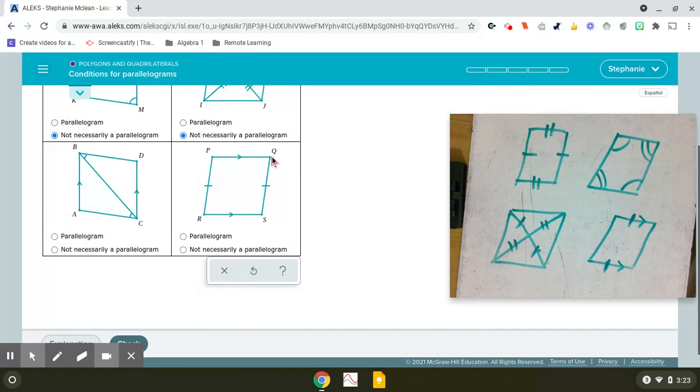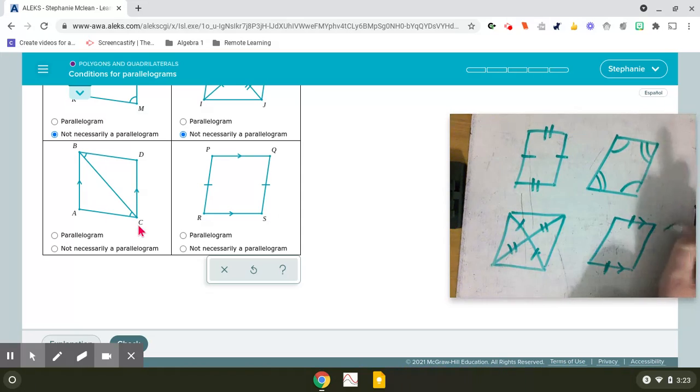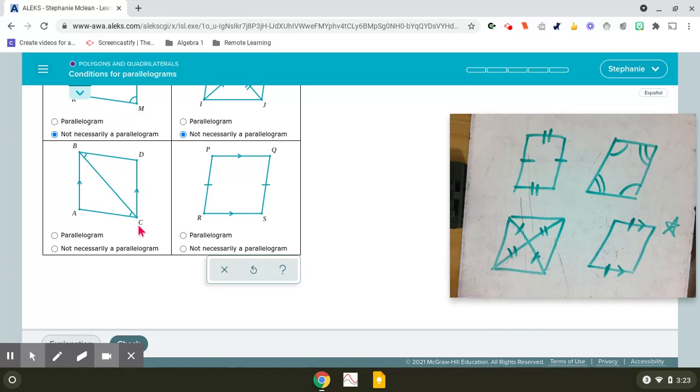Now this one, we have opposite sides are parallel, and we have to figure out if they are congruent, because we're really looking at this one right here. These angles here are congruent, so angle DBC is congruent to angle ACB.